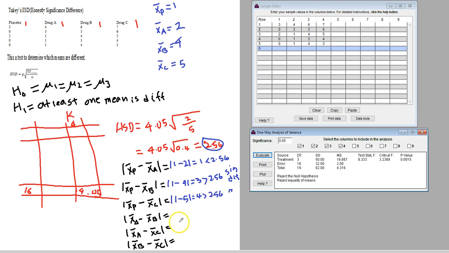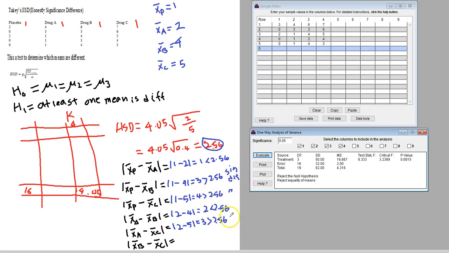Now let's go to A and B. You got 2 minus 4 equals 2, which is less than 2.56. Between drug A and B, there is no significant difference. Now between drug A and C, we got 2 and 5. 2 minus 5 is 3, and that's greater than 2.56.